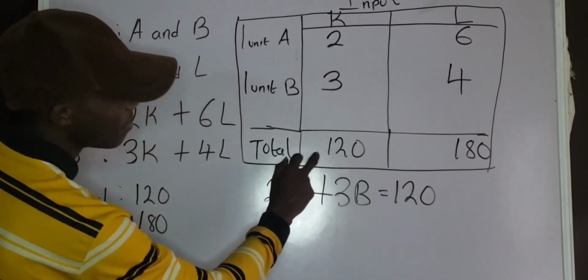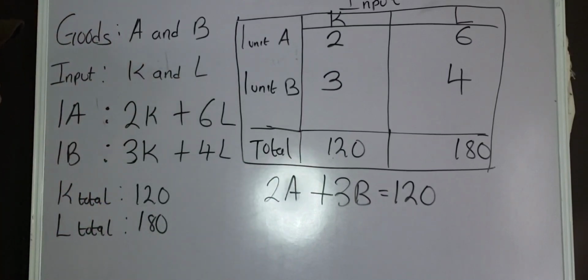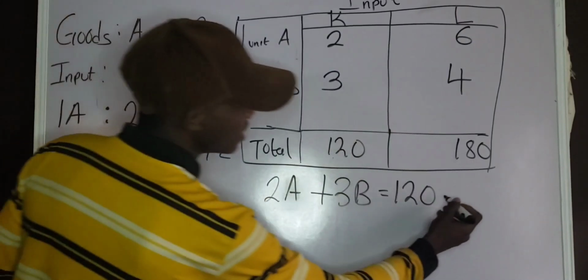Then I equate it to the total amount of K available. Call this equation 1.